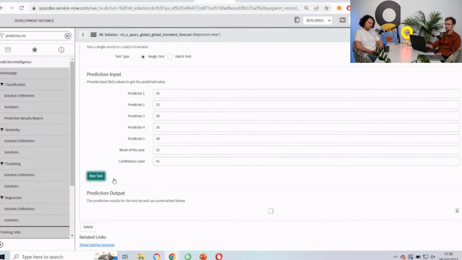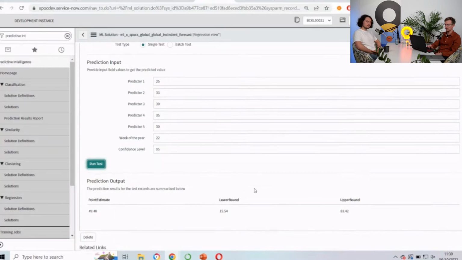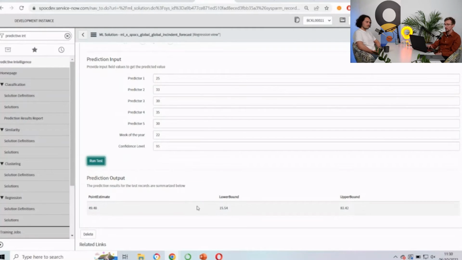We run some tests, and after seconds, really, we get the point estimate that it will be around 50 incidents. But what is most important here is that with a confidence level of 95%, we are sure with 95% accuracy that the incident count wouldn't be lower than 15 and wouldn't be higher than 83.